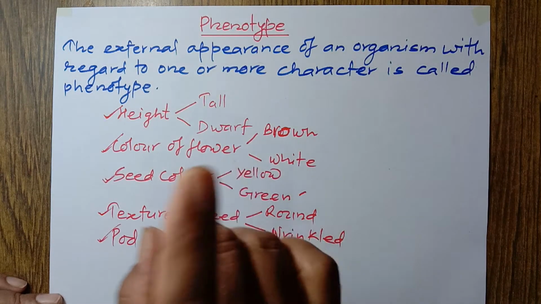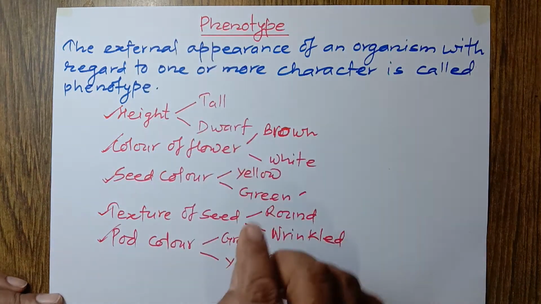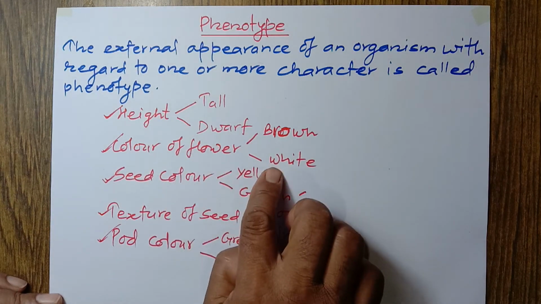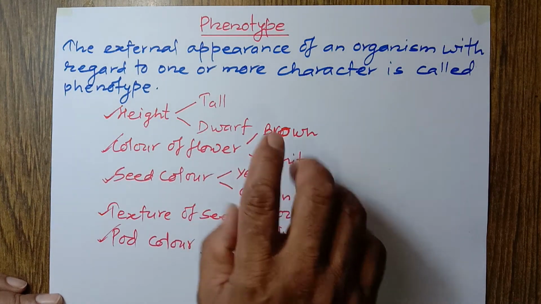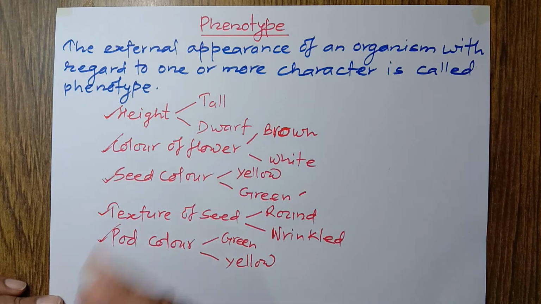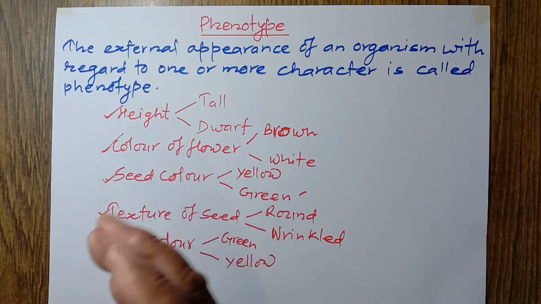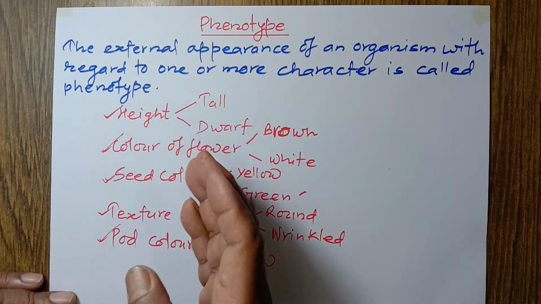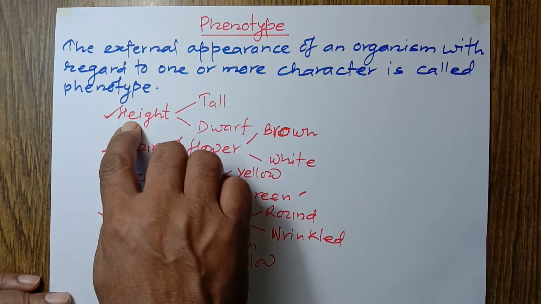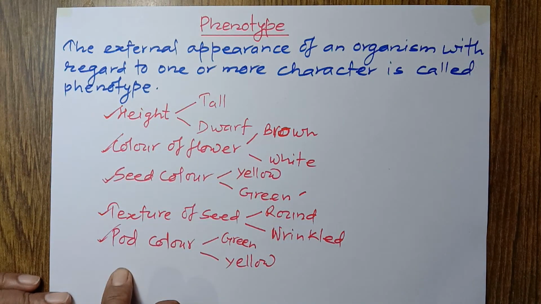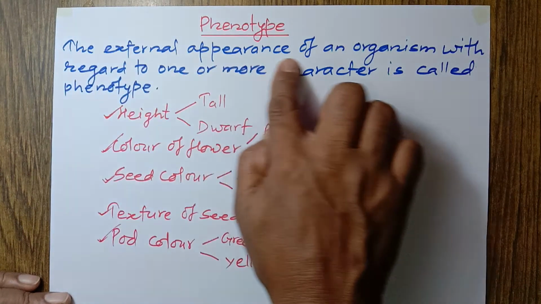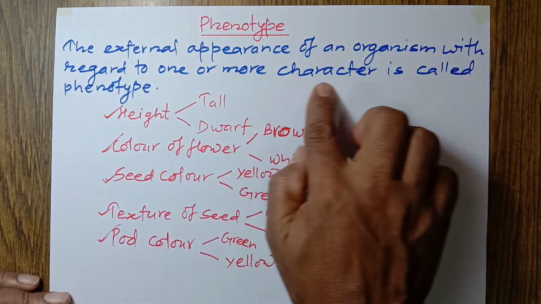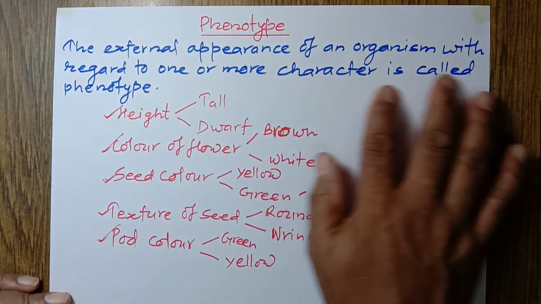In the same way, if we say this pea plant is tall and its flower is white, then we are talking about two characters. Exactly, we are talking about the external appearance of that organism with respect to one or more than one character. This way, the external appearance of an organism with regard to one or more characters is called phenotype.